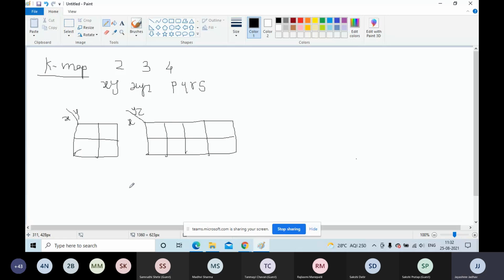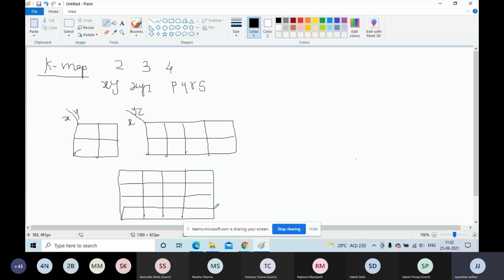And this is the K-map for the 4 variables. I will consider here A, B, C, D. You can consider any. So this is the K-map for 2 variables, 3 variables, and 4 variables.